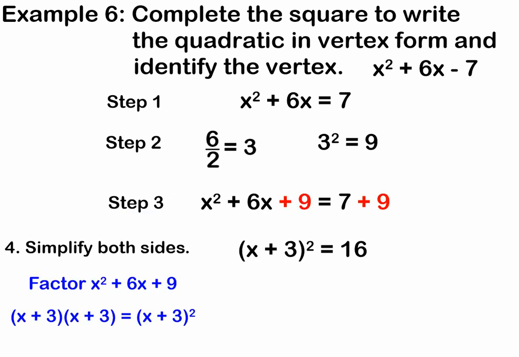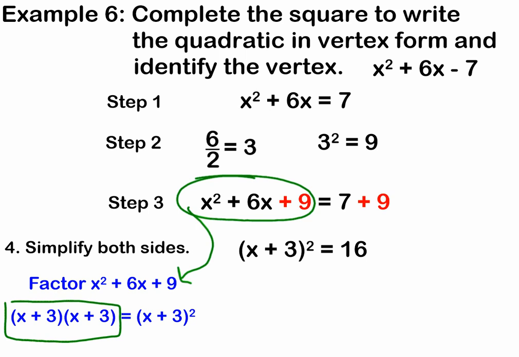Now that I am adding 9 to both sides, I'm going to simplify. This side right here can be factored. When I factor it, I get the factors of x plus 3 and x plus 3. Since they're the same, they can be written as x plus 3 squared. This is what you get when you complete the square.